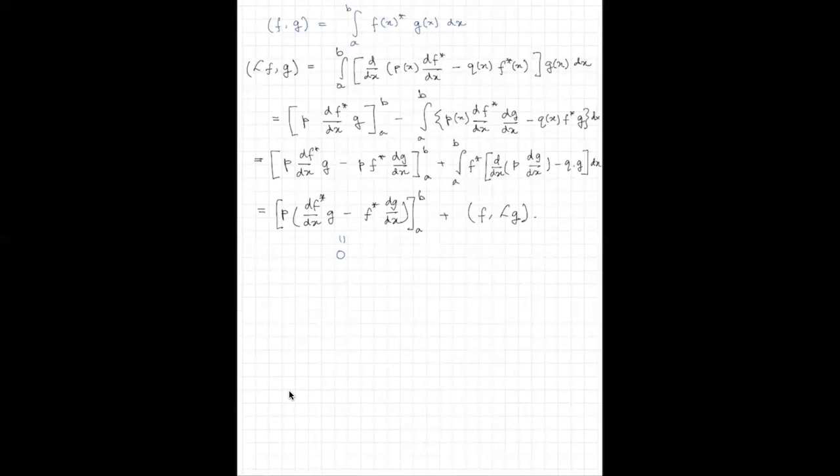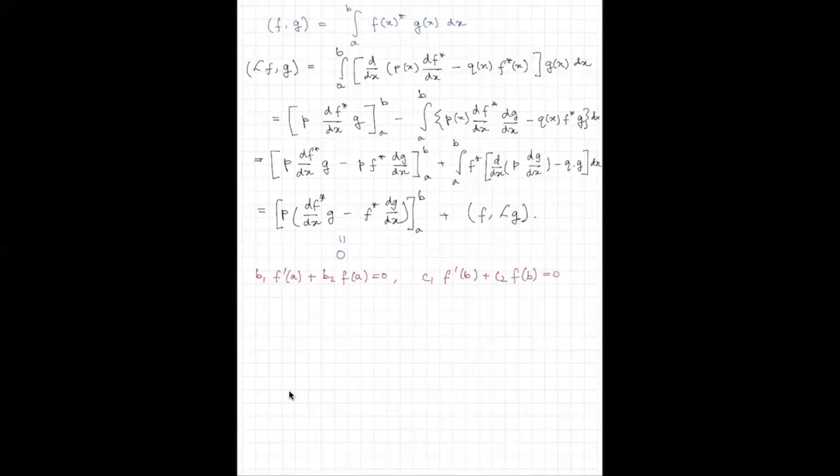So examples of such boundary conditions are the following. If we choose f as all our functions above, so we can have b1 f'(a) plus b2 f(a) is equal to 0, and c1 f'(b) plus c2 f(b) is equal to 0.